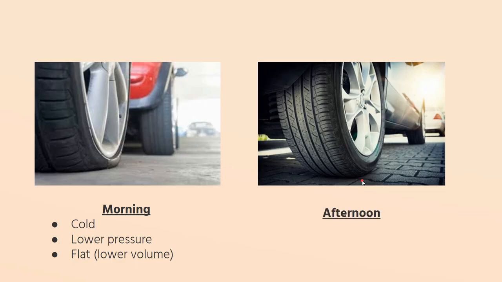As the day heats up in the afternoon, the tires get warmer, your temperature goes up, the pressure gets a little bit higher, and the tires inflate a little bit, so they don't look as flat, they have a slightly higher volume. Basically, this law is super important when temperature's changing, pressure's changing, and your container, the tire in this case, can change volume.